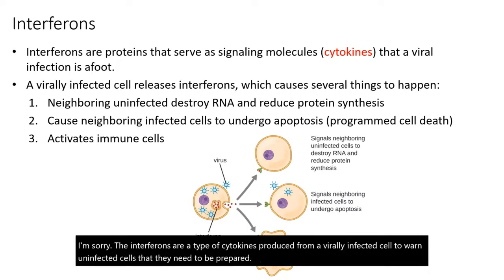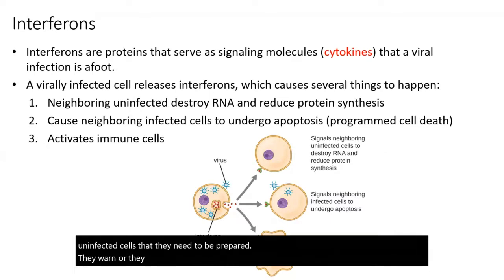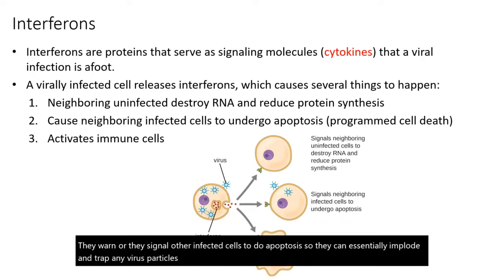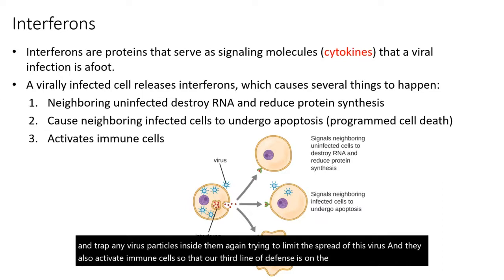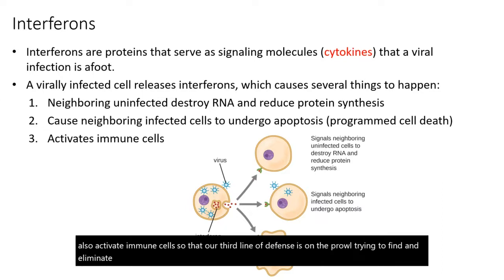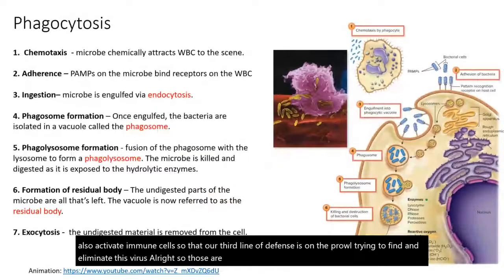They signal other infected cells to do apoptosis, so they can essentially implode and trap any virus particles inside them, again trying to limit the spread of this virus. And they also activate immune cells so that our third line of defense is on the prowl trying to find and eliminate this virus. All right, so those are interferons.